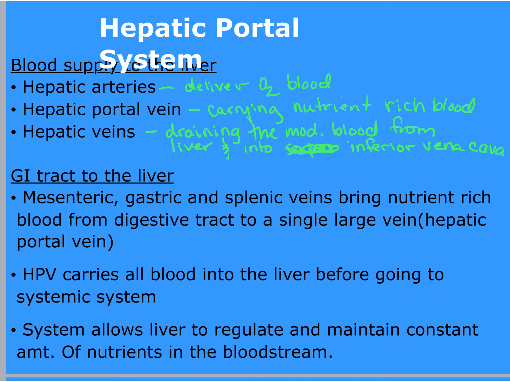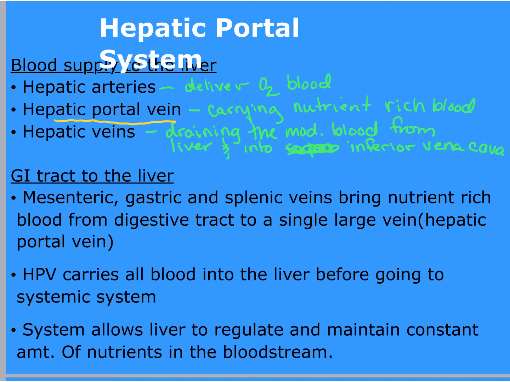So the hepatic portal vein, you guys, doesn't just magically arise as this one vessel that collects from every area of the GI tract. It's actually made of many vessels coming together. Earlier in the lecture, we learned about how venules come together to make medium-sized veins, and medium-sized veins come together to make large veins.